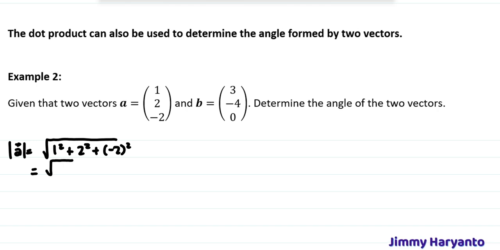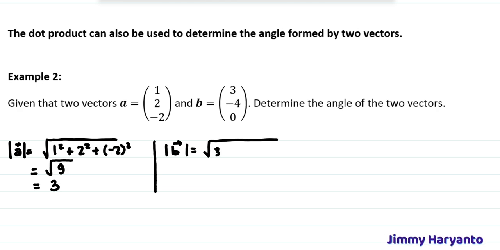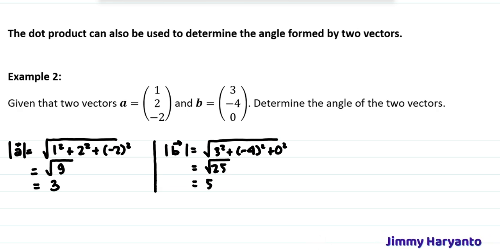So we will have square root of 9 as the result, and 3 in the simplified form. Next is the length of B. The B will be square root of 3 squared plus negative 4 squared plus 0 squared. So you will have square root of 25 for this one, and the final result is 5.